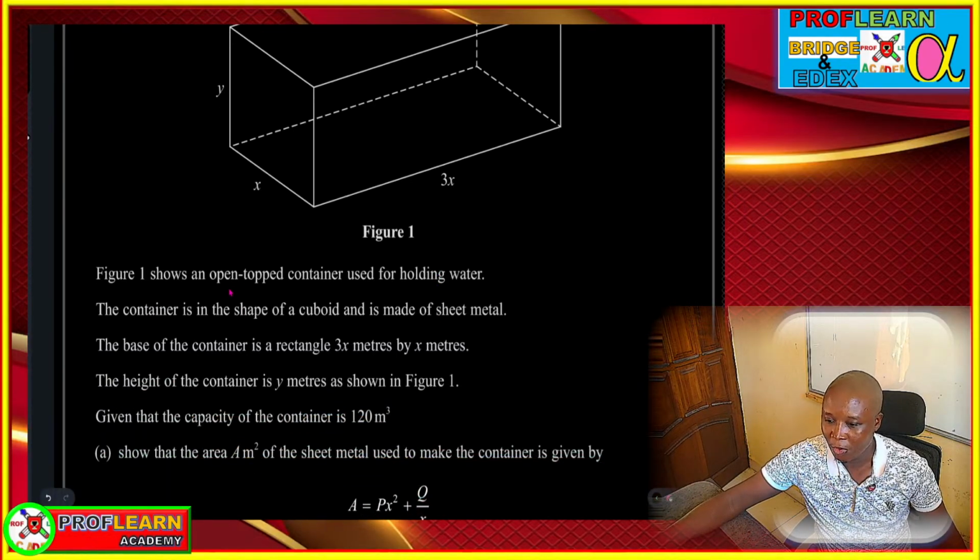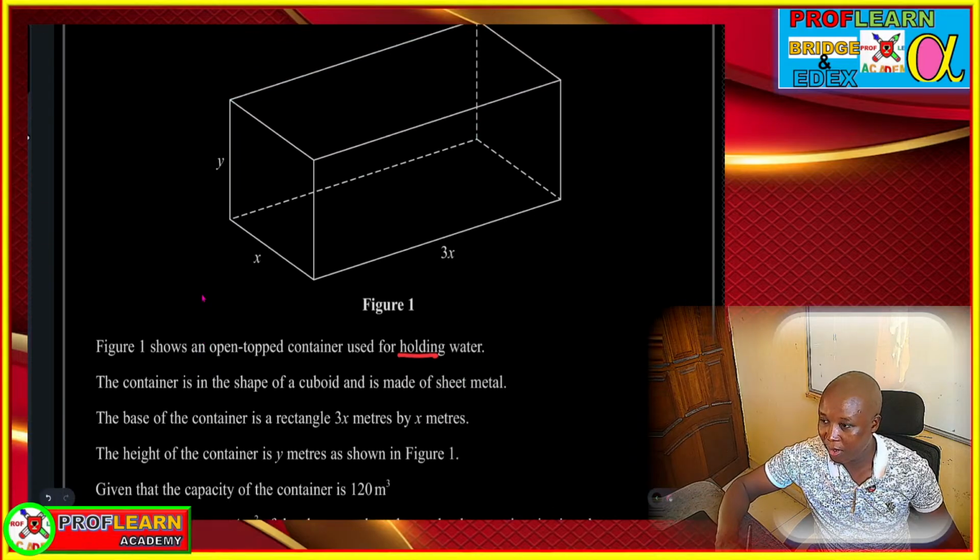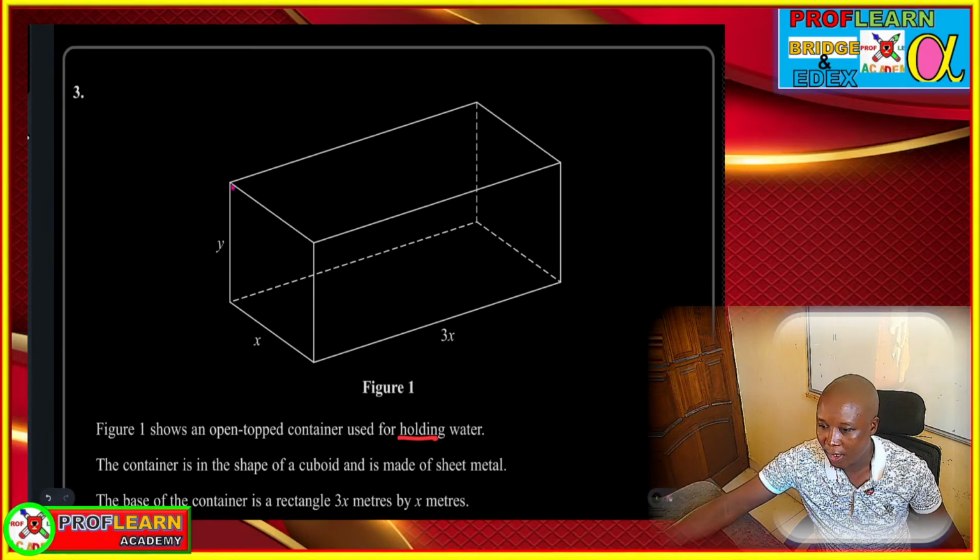The figure shows an open topped container holding water. It's open, which means whenever we are going to work out, we are not going to make use of this top. This top is not there. So if you are finding the surface area, you are not going to include this top.